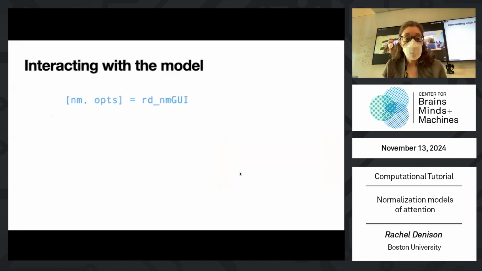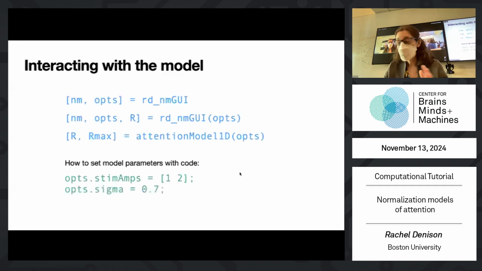Either you can use the GUI to step through different levels of the contrast, record the maximum response, keep track of it, and then plot the contrast response function separately.